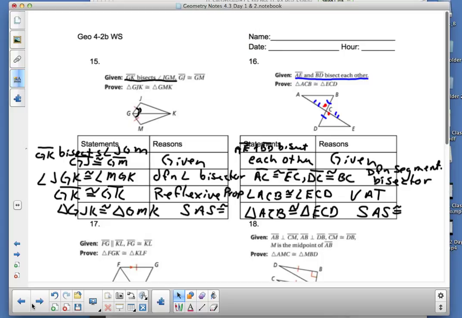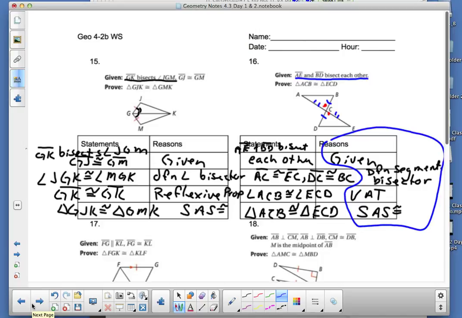Now today we're going to learn two more, four congruence triangle shortcuts. Keep in mind as we're going, I'm actually giving you a list of reasons you can use to prove triangles. People are like, what do you mean a list? Well, we've used definition of segment bisector.